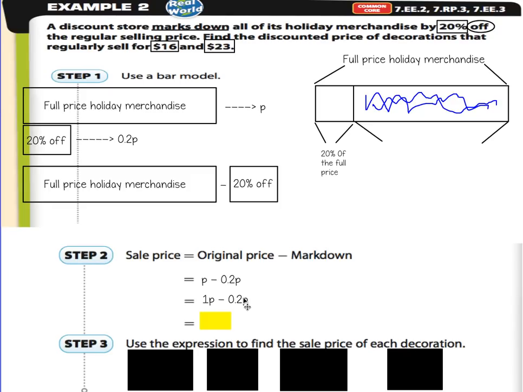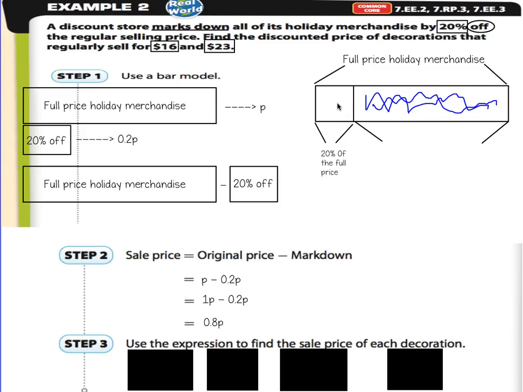Now, this time though, if you take that P and remember that it actually is 1 times P, and subtract it by 2/10 or 20 hundredths, when you do that, because you're subtracting, you get 8/10. Okay, so now your number's going down because you're subtracting. So logically, this makes sense.